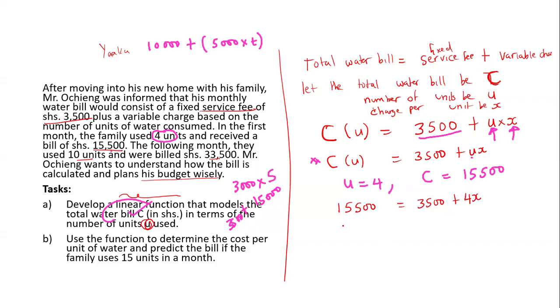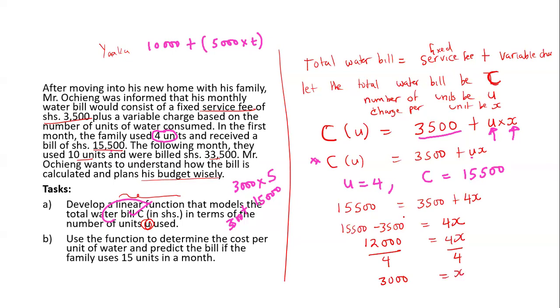Then I solve this equation. 15500 minus 3500 will equal 4x. That gives us 12000 equals 4x. Since we are interested in x, I will divide by 4, and I get 3,000 is equal to x.